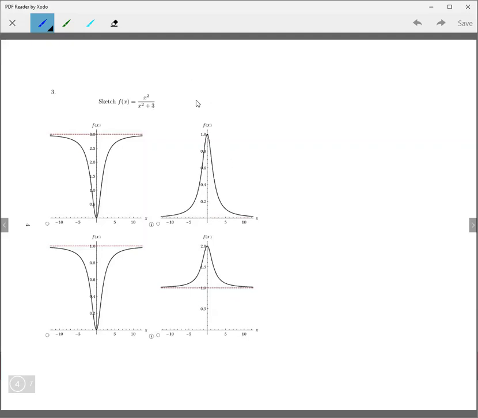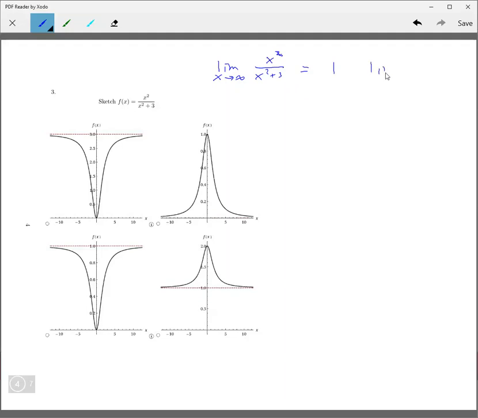So let's take the limit as x goes to infinity. That limit's going to be 1 because the highest order term is x squared in the numerator and x squared in the denominator, so it's just going to be the ratio of those coefficients.